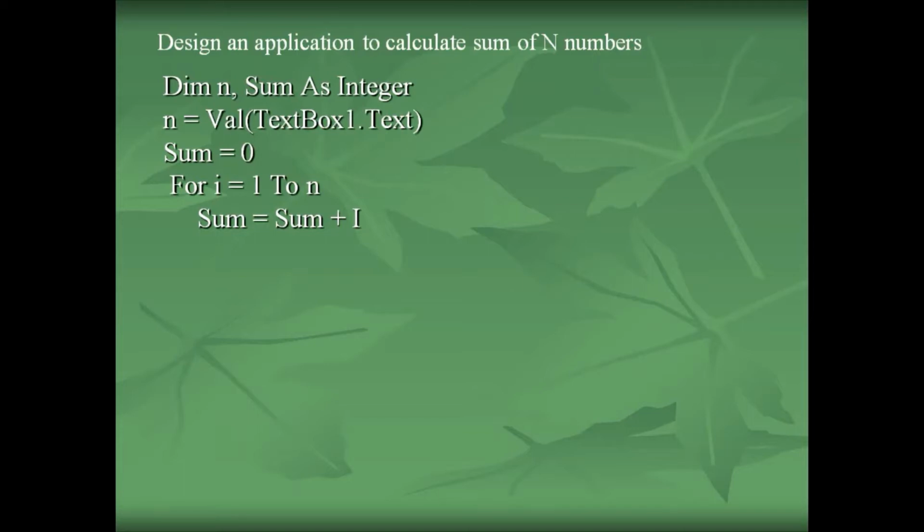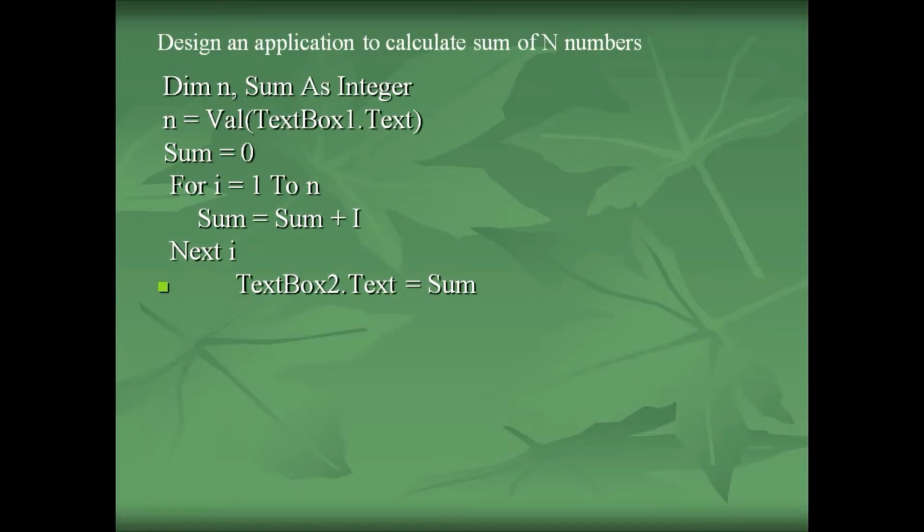Sum is equal to sum plus I, which is used to calculate the sum of n numbers. Next I, and after coming out of the loop, sum which is calculated will be displayed in the second text box. So the statement textbox2.text is equal to sum.